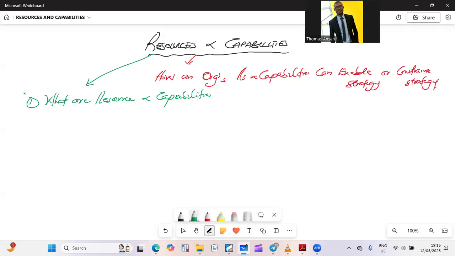Then number 2, we will be looking at the threshold resources versus the distinctive resources. So threshold resources and capabilities, distinctive resources and capabilities.